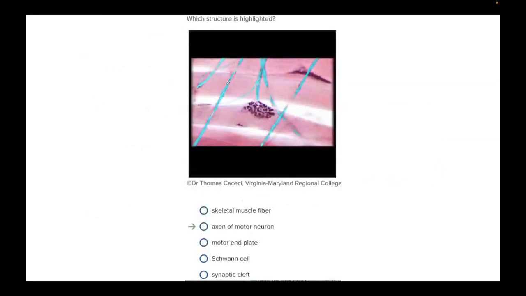So let's take a look at some of these lab pictures that have shown up on some quizzes and whatnot. When we're looking at this highlighted structure, this is an axon of a motor neuron, because this is skeletal muscle.